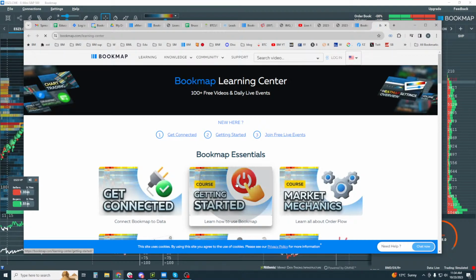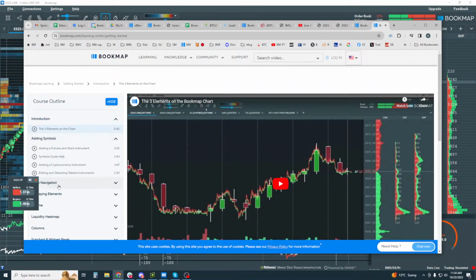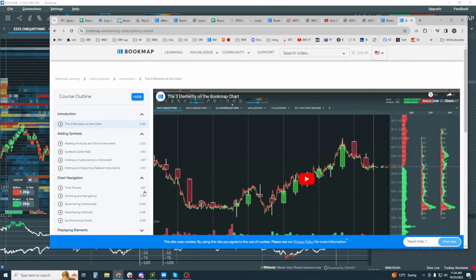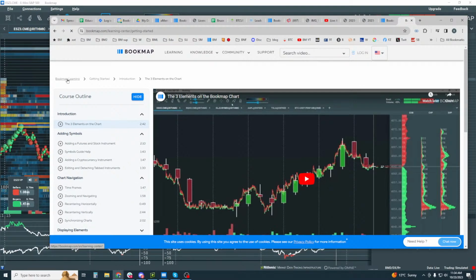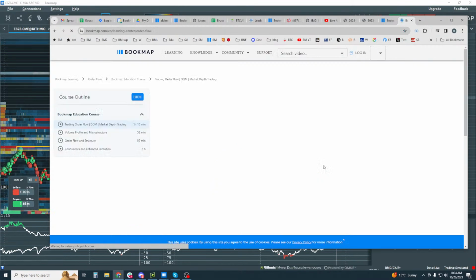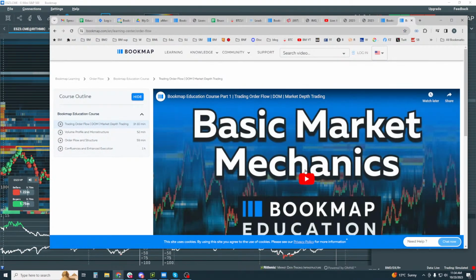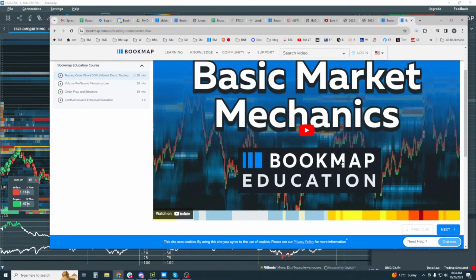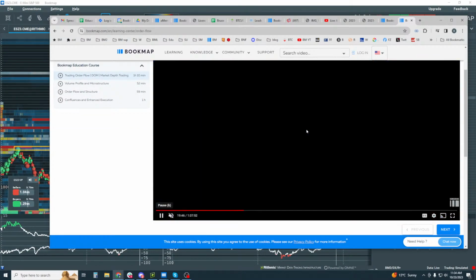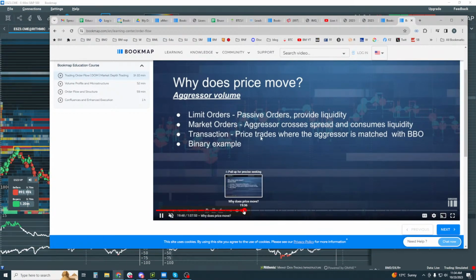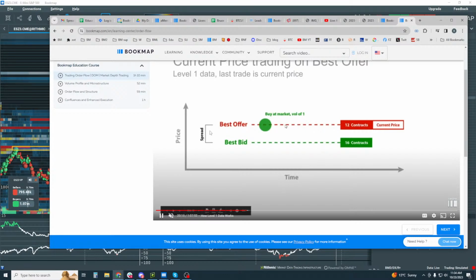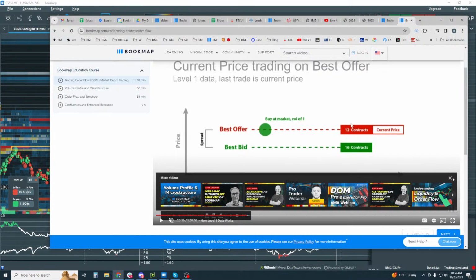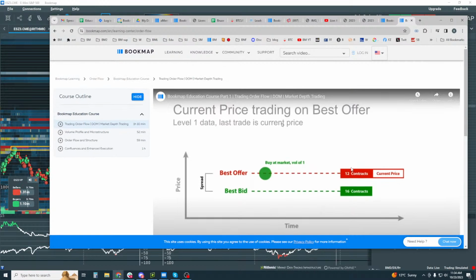It's a course, as you can see when you click on here: adding a symbol, navigating through a chart, all about using Bookmap. Now, if we go back here, the market mechanics course is about the markets. This course is about market mechanics and understanding what makes markets move, and how to read Bookmap within these kinds of moves. It's vitally important to understand this.